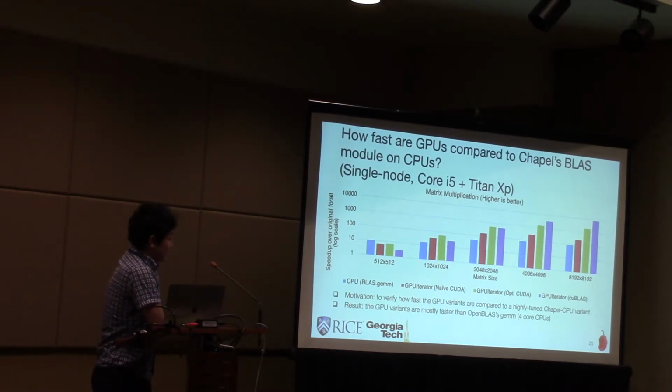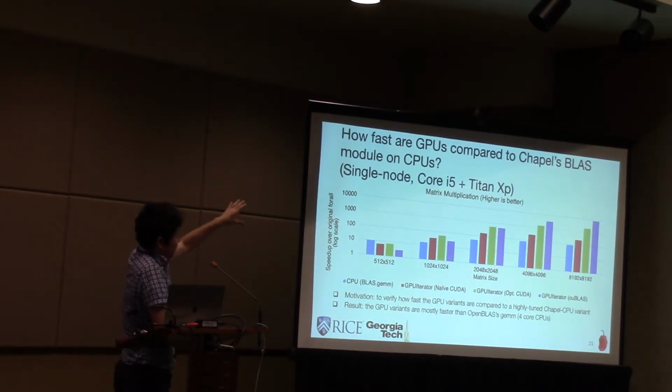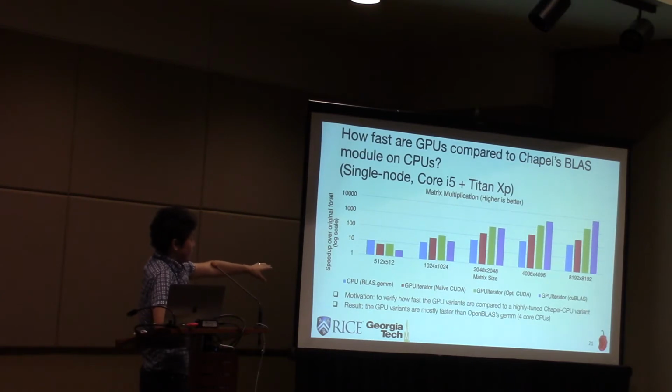We chose different matrix sizes and computed matrix multiplication on another platform, a Core i5 plus Titan Xp platform. We have several variants. One is a BLAS version on CPU, and our GPUIterator version has 3 variants: a very naive CUDA code, an optimized CUDA code, and the cuBLAS version.